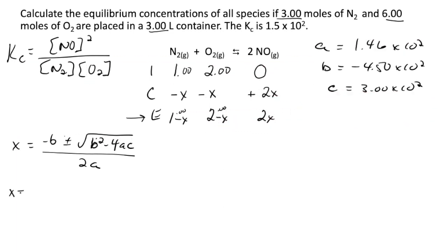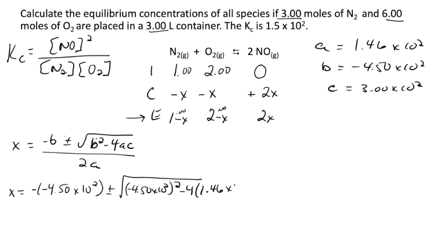In plugging in our values, we have negative 4.50 times 10 to the second, plus or minus the square root of negative 4.50 times 10 to the second squared, minus 4 times 1.46 times 10 to the second, times 3.00 times 10 to the second.